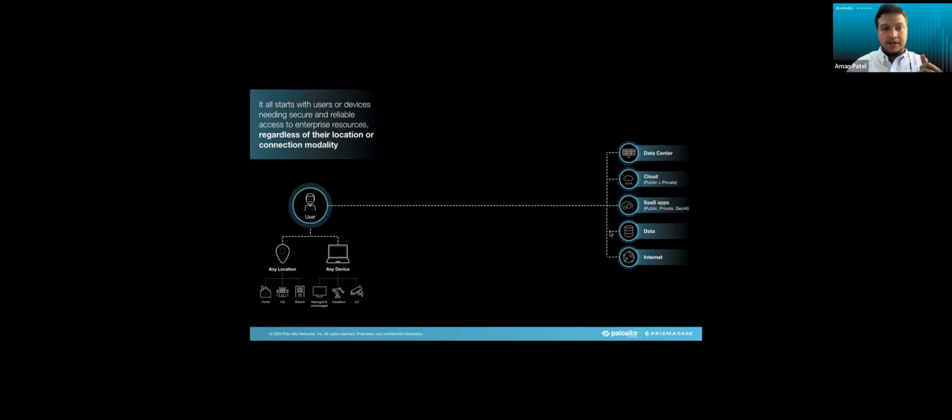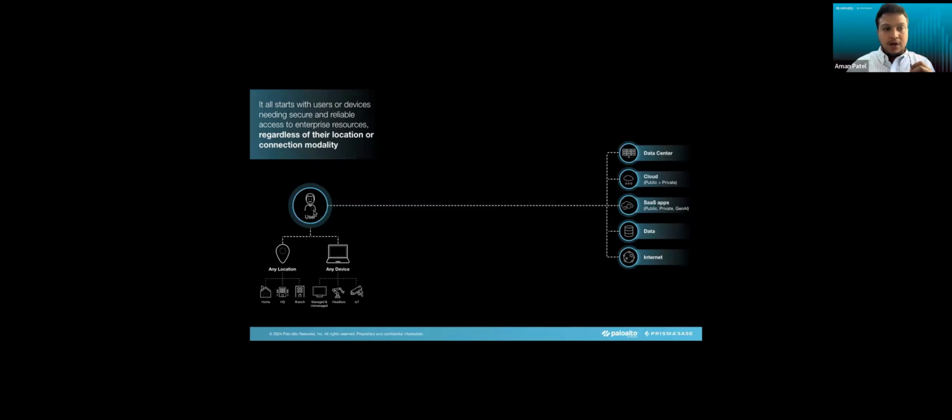We'll quickly go ahead and understand the architecture of how the users will be connecting to your enterprise resources. The first thing we do over here is intercept all the traffic which is initiated from the user. The user can be anywhere, at any location, and can come from any device, be it managed or unmanaged devices, or headless or IoT devices.